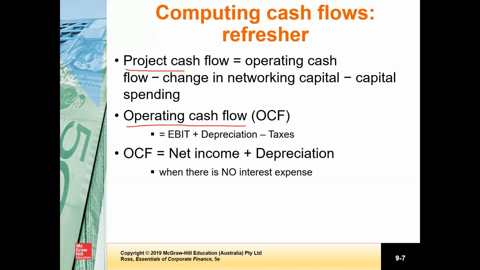And how do we calculate operating cash flow? From a projected income statement, we can calculate operating cash flow, which is EBIT plus depreciation minus taxes. Okay, and when there is no interest expense, operating cash flow can be calculated as net income plus depreciation.